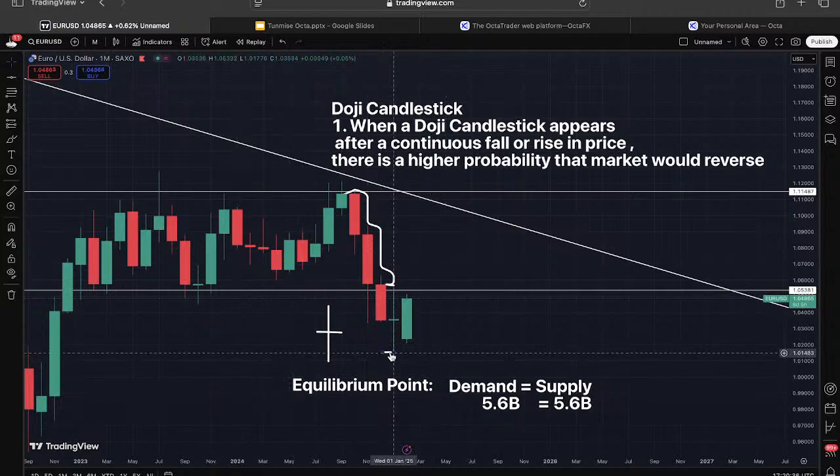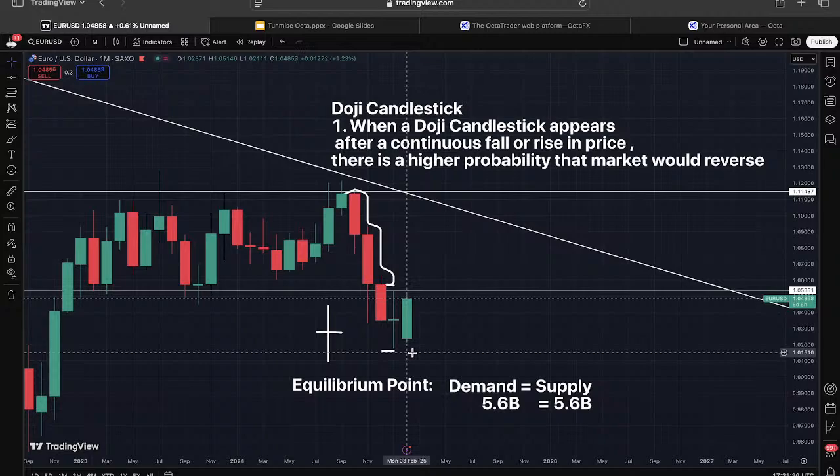So with a doji appearing on the higher time frame here, it is signaling a reversal, but we cannot absolutely tell whether it is going to be a temporary reversal or a long-term reversal.